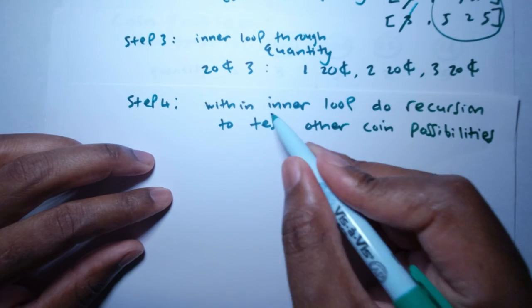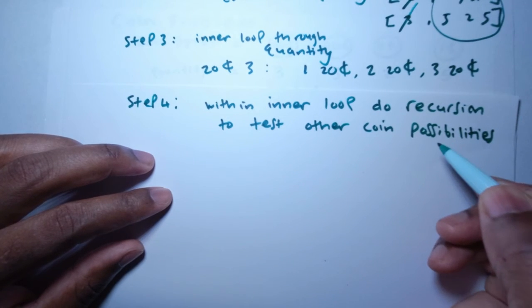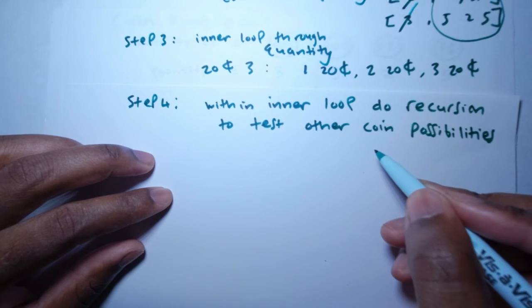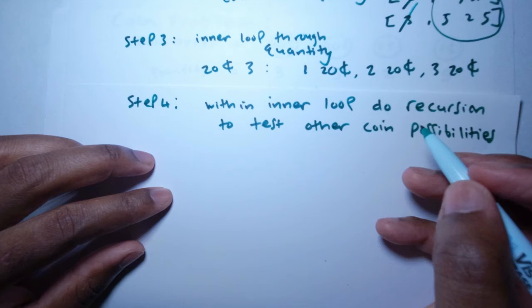So again, we're testing for other coins within the inner loop, and we're testing those possibilities. That's what we're doing here.